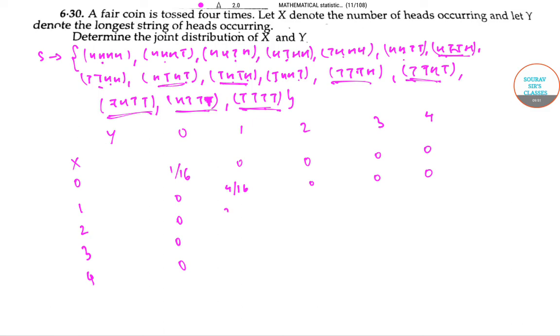So this comes out to be 3 by 16. And in the other 3 cases, we get 2 heads continuously: 1, 2 and 3. So this comes out to be 3 by 16, and the probability of getting a string of 3 and 4 is 0.